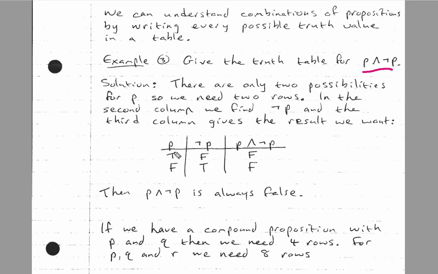So it doesn't matter what P is, this always returns a false value. So we'll look at things like this in section 1.3 in more detail. Okay, but you get the idea. So just making a truth table just to look at every possible combination.